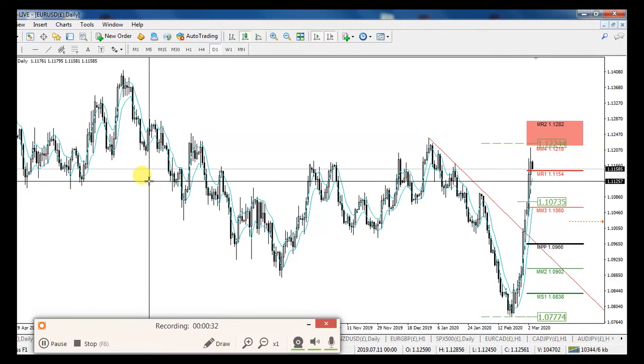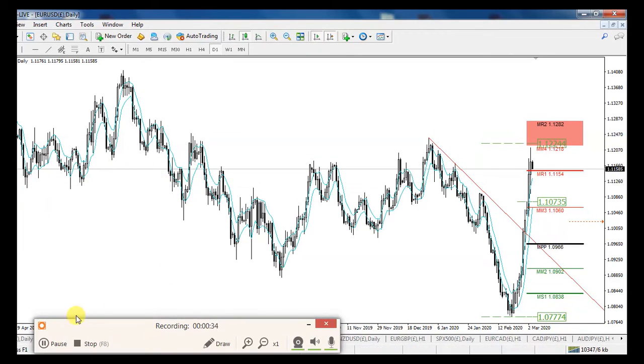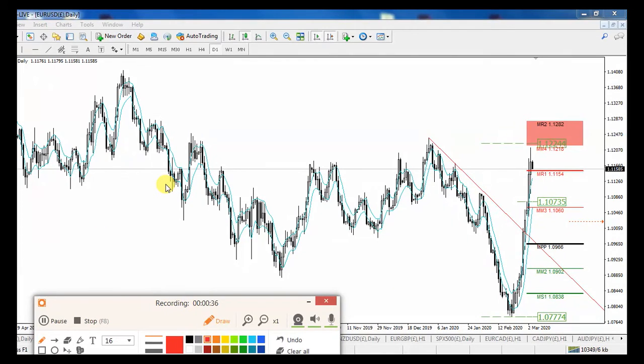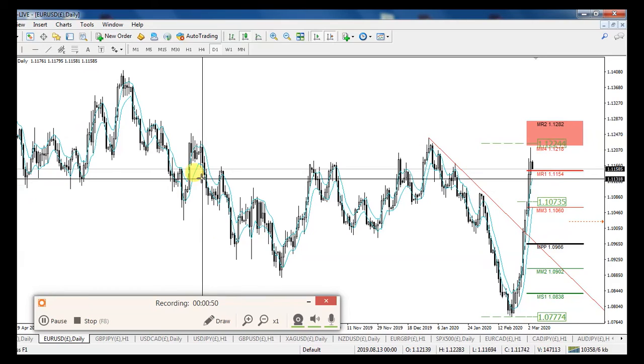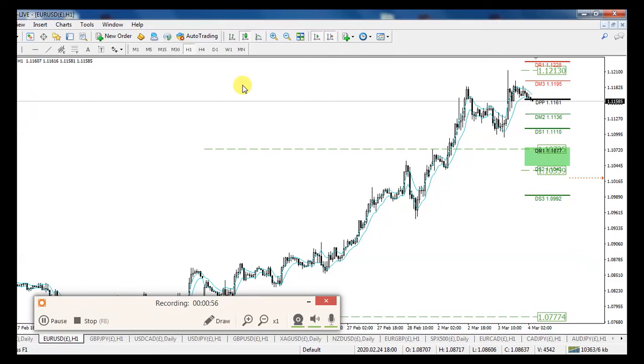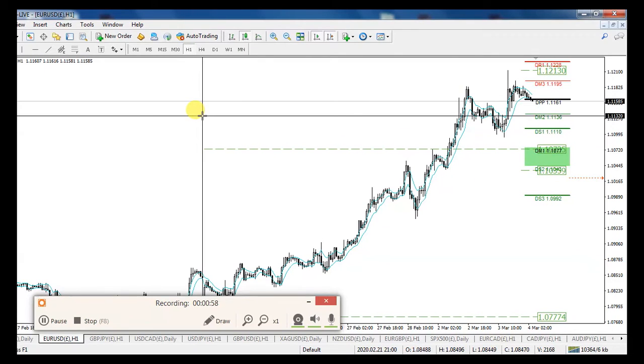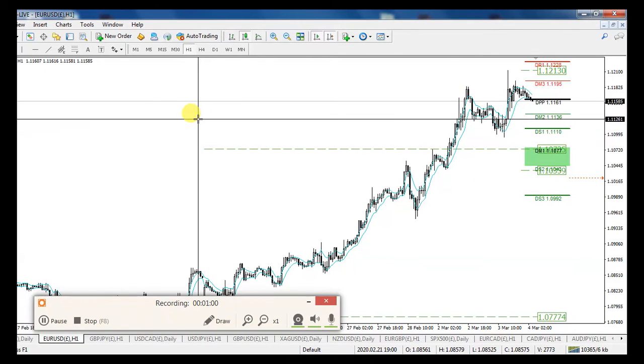So 111.25 is these lows. Now let me just bring up a pen. We got down to these lows, all these multiple spike lows, and also you get these lows here. So I'm looking at this zone to get in for the entry at 125, and if we go to the shorter time frame on the hourly chart, it's around this zone here.